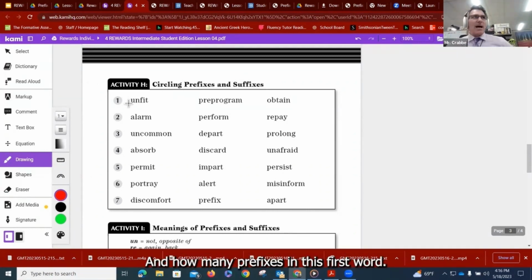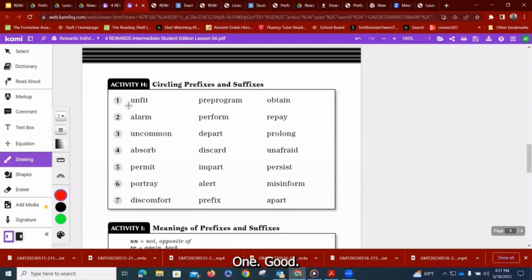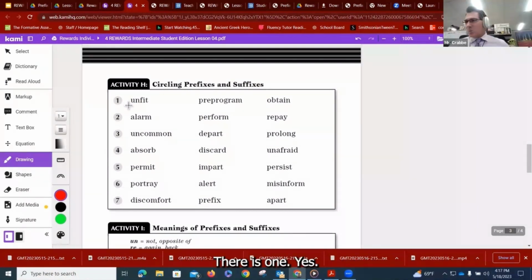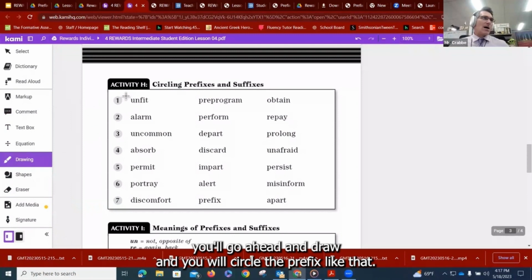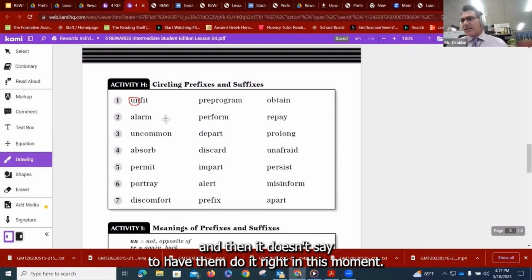So let's go ahead. How many prefixes in this first word? 1. Good. There is 1. So then you'll circle 1 prefix, and you'll go ahead and draw, and you will circle the prefix like that. All right. And then it doesn't say to have them do it right in this moment.